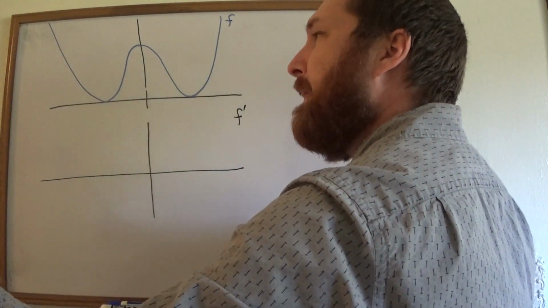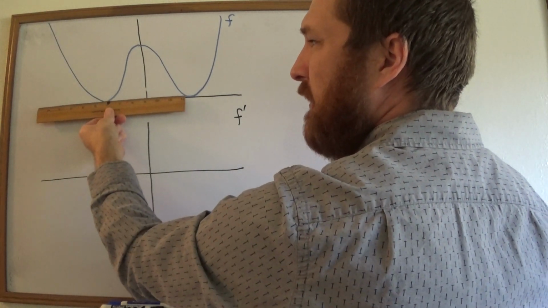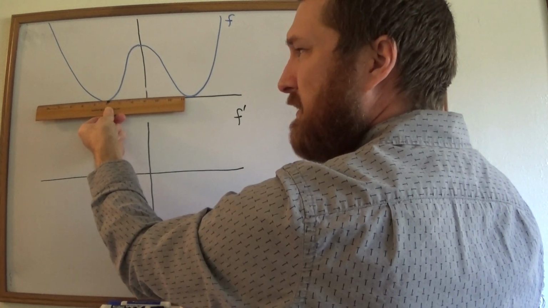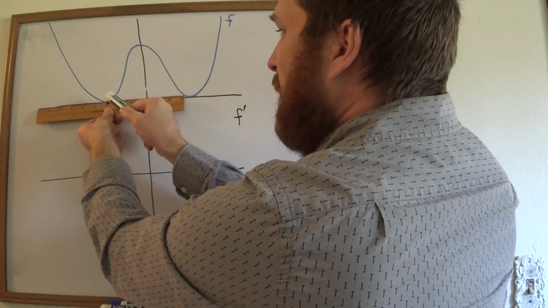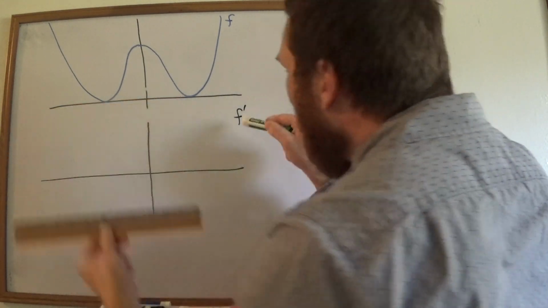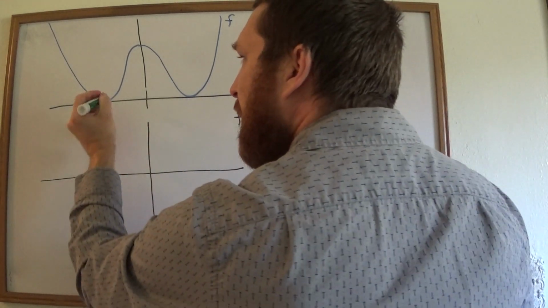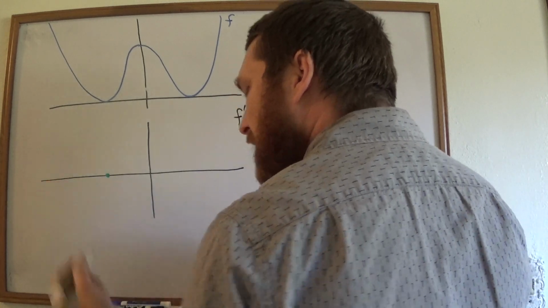But one thing I can tell you is right here at this point, what's its slope? Its slope should be 0. And so if the slope is 0 here, that means that the value of f prime, which is the slope, at whatever point this is, should be 0 right here.